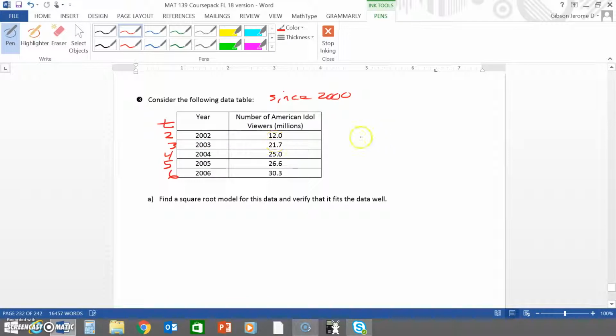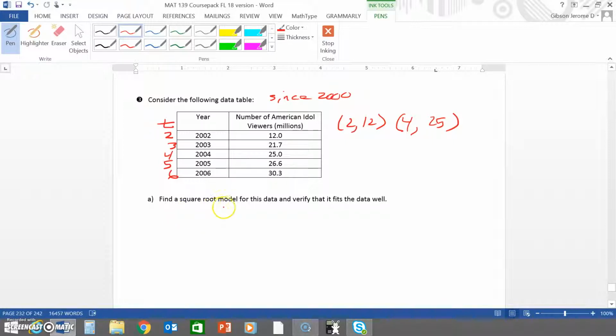Now we could take 2 points. I would take (2, 12) and then maybe (4, 25), just to get exact numbers. We know that the y values are in millions, and the T value or x value is the number of years since 2000.